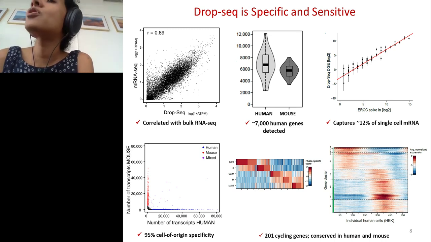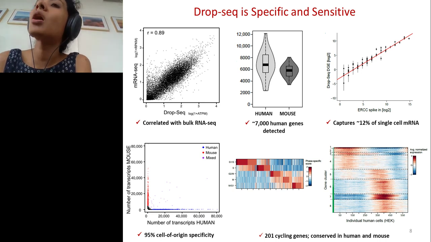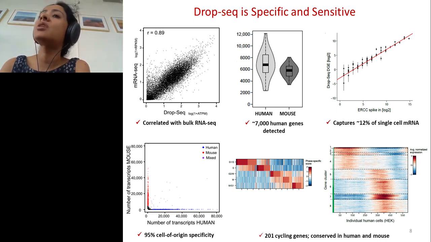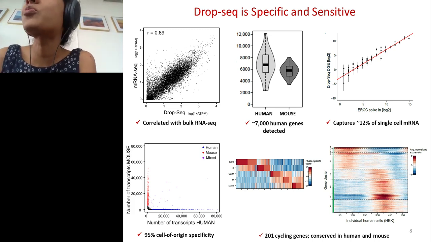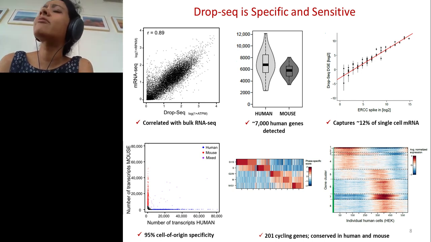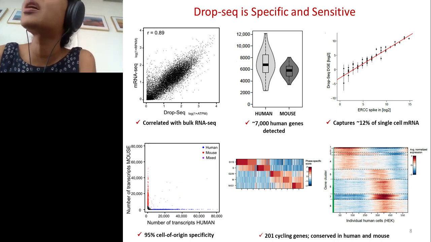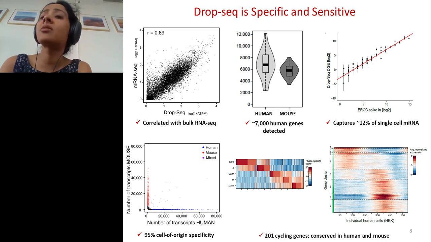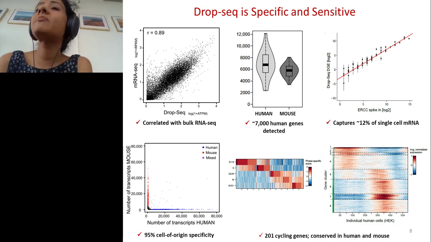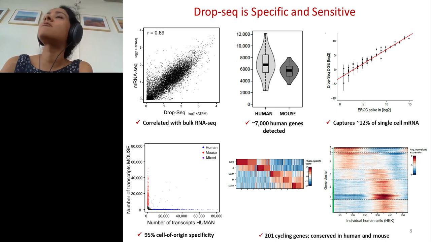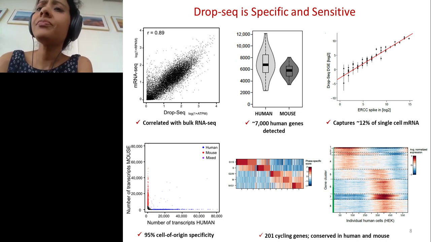Now, this number is going to change by the cell quality and the genes that are being expressed, and that roughly translates to about 12 to 15% of the RNA that's present in a given cell. So not all of the cell; we are only capturing a small fraction of it. That gives a representative picture of the cell.